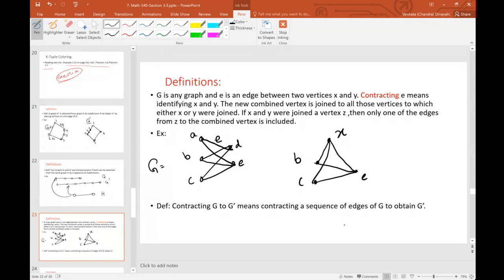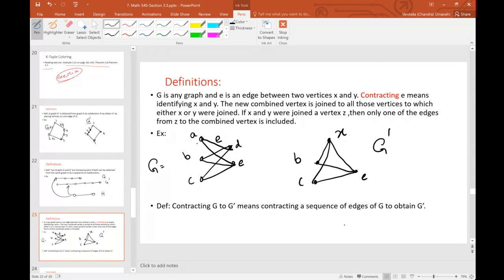That means if there is an edge between A and D, there should be an edge between X and D. If there is an edge between D and B, there should be an edge between X and B. And there is an edge between D and C, so there should be an edge between X and C also. And so this graph, I'll call G prime, is obtained by contracting the edge e from G.